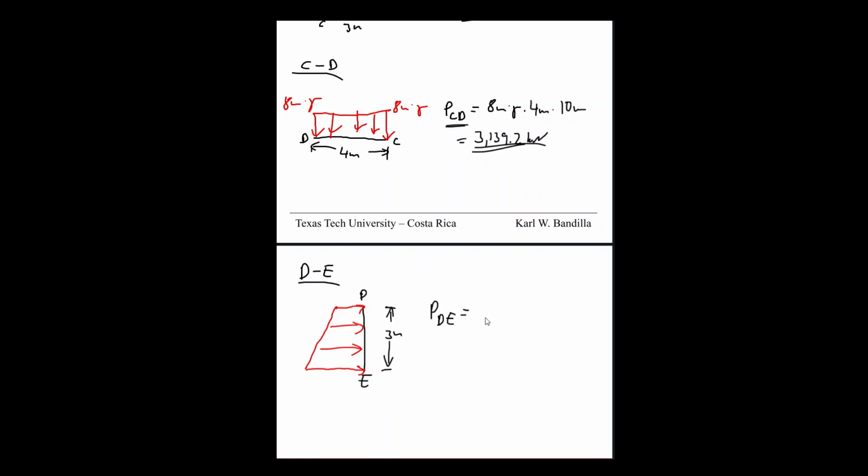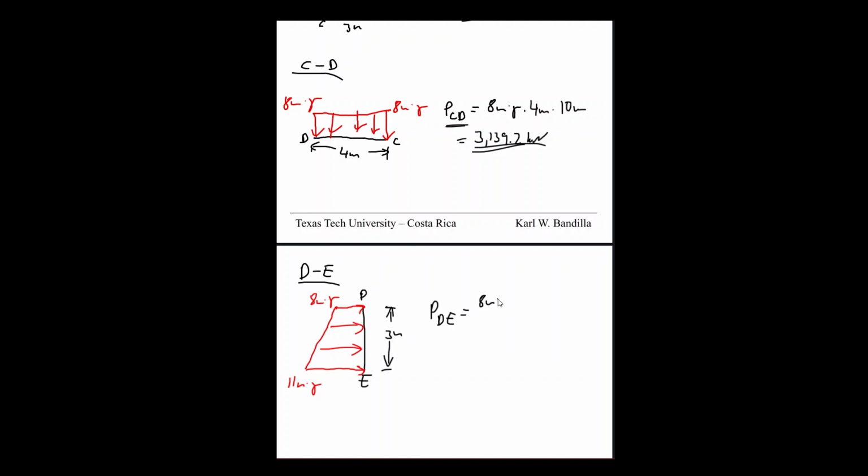PDE is then equal to, well, let's note this in. This was 8 meters times gamma. This was 11 meters times gamma, which gives us another trapezoid.